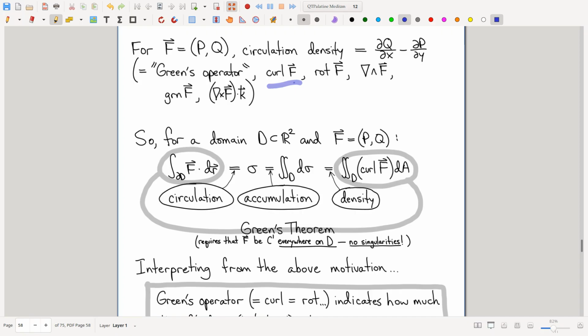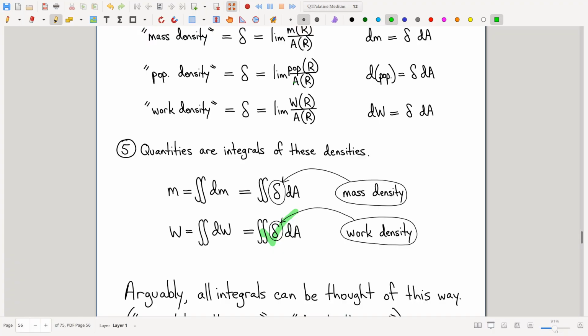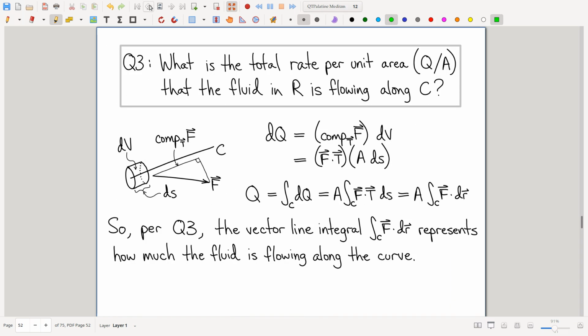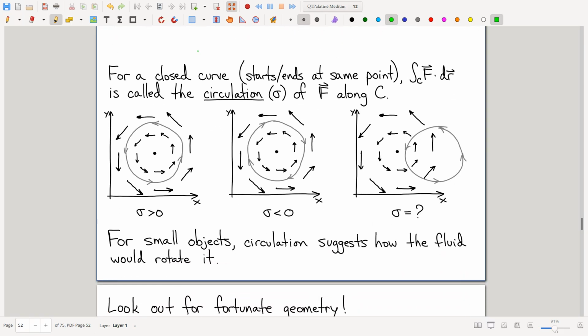And the answer there is, let me go back a few pages. Yeah, here it is. Don't forget what circulation is. And there are various different interpretations of circulation. How much is the fluid flowing along the curve, a curve that goes around, in some sense, in a circle.